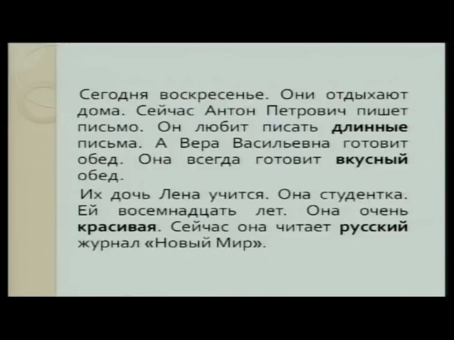Here the verb писать has been used and conjugated accordingly. Он любит писать длинные письма. He likes to write long letters. А Вера Васильевна готовит обед. And Vera Vasilievna is preparing the lunch.